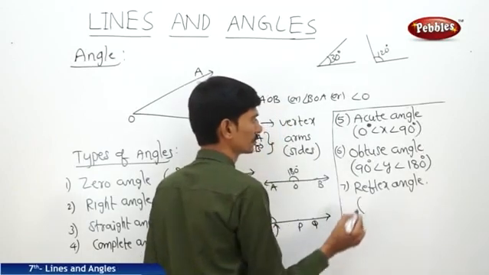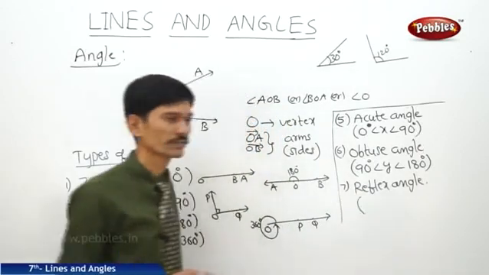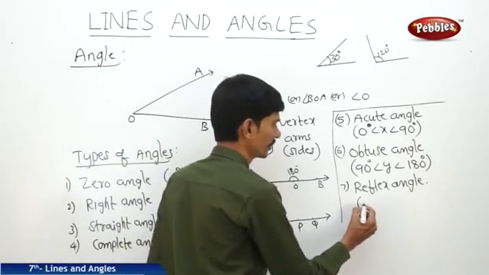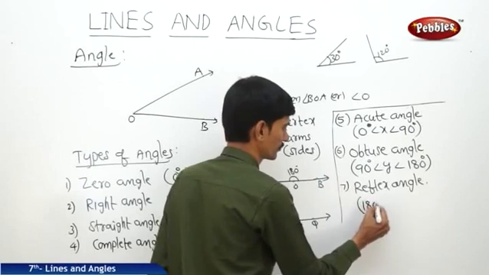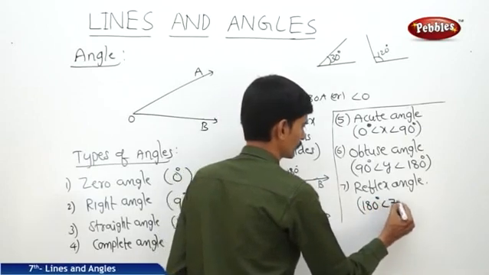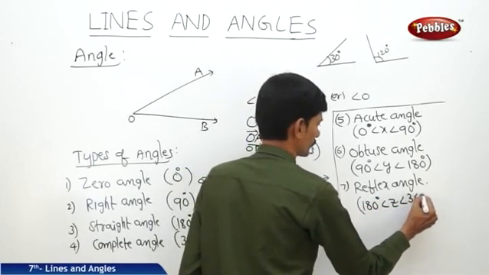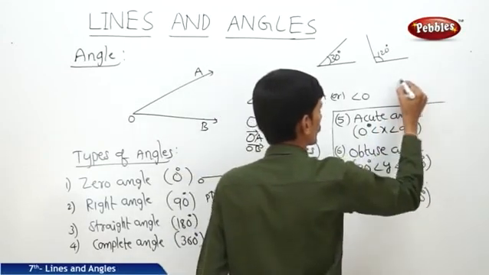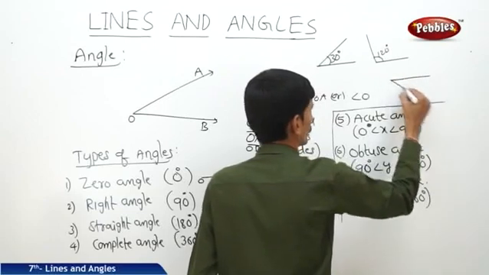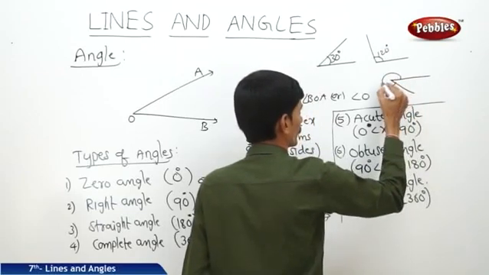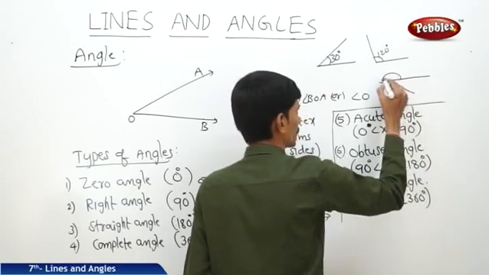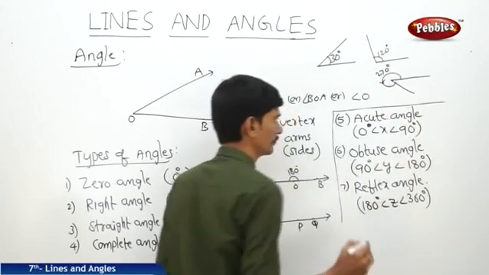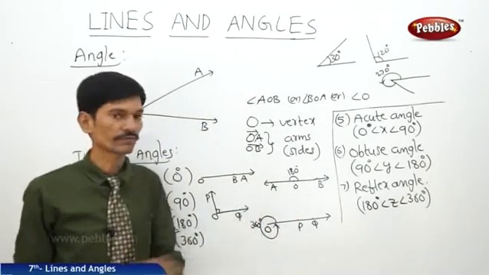An angle whose measure is more than 180 degrees but less than 360 degrees is called a reflex angle. Now this is a reflex angle, for example 270 degrees.